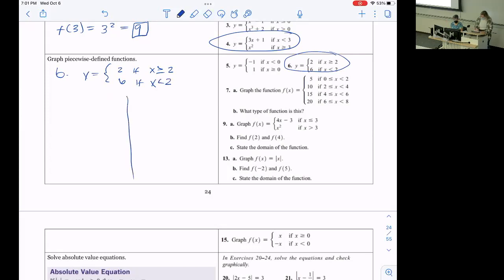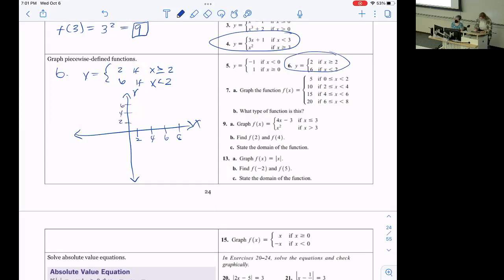Okay, so we have a graph here. X and y. We know that y will equal 2 if our domain is greater than or equal to 2. So 2 by 2 is 2, 4, 6, 8. 2, 4, 6.